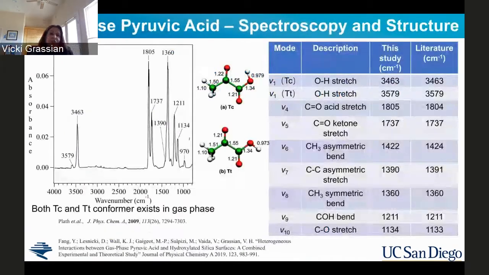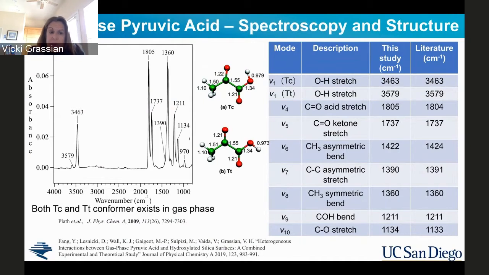So here, just looking at the gas phase pyruvic acid, the spectroscopy and structure. I've already discussed with you, there's two conformers. Here we see the gas phase spectrum. In the gas phase spectrum, we can see in the OH stretching region evidence for these two different forms, the TC and the TT form.